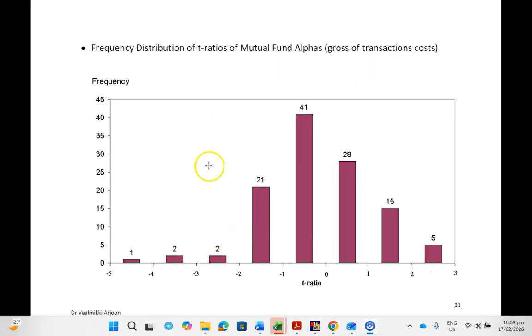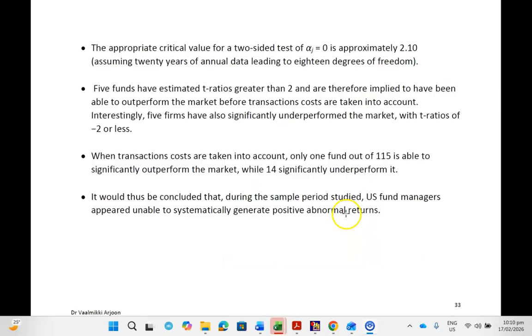Now the most visual method of presenting the results obtained is by plotting the number of mutual funds in each of the t-ratio categories for the alpha coefficients. And this is what we have here. We won't go into detail for that. From the paper, the most appropriate critical value for the two-sided test of whether alpha j is equal to 0 is approximately 2.10.